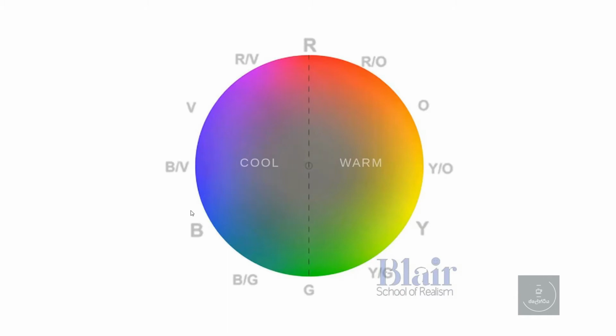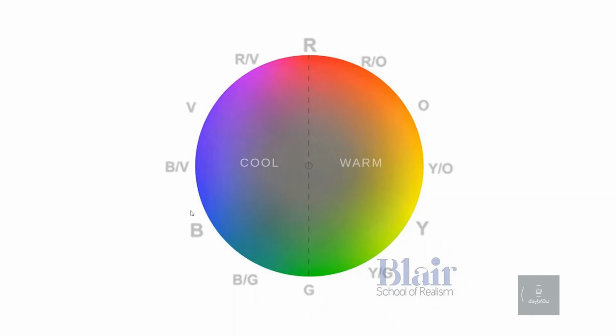And on the other hand, the cool colors such as green, blue, and purple often spark feelings of calmness and sometimes dullness and sadness as well. And the neutral colors are generally considered to be black, white, and gray, and some browns.